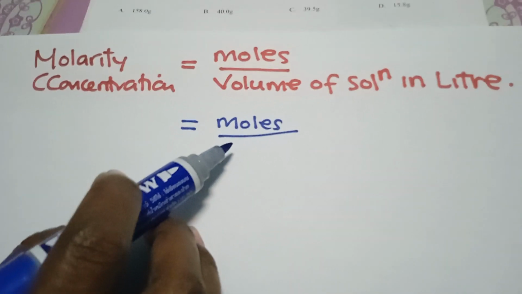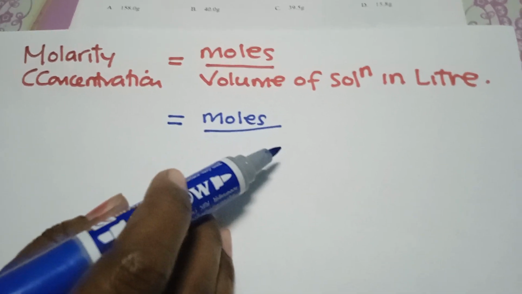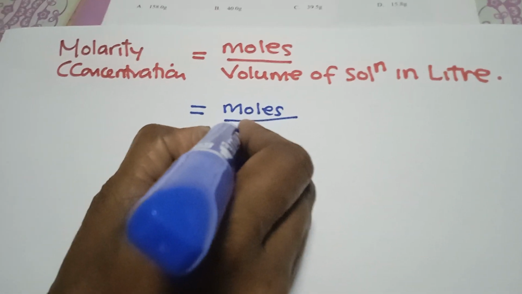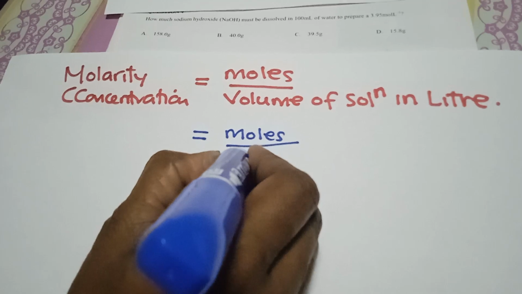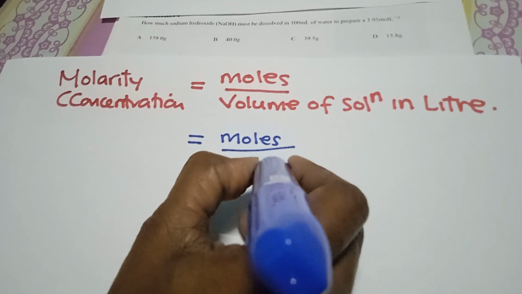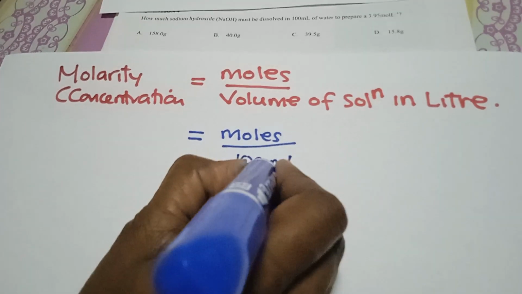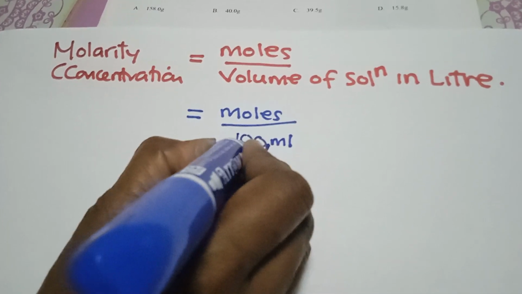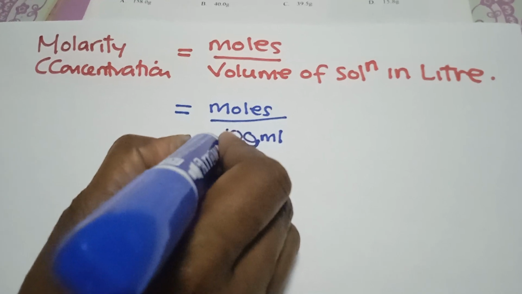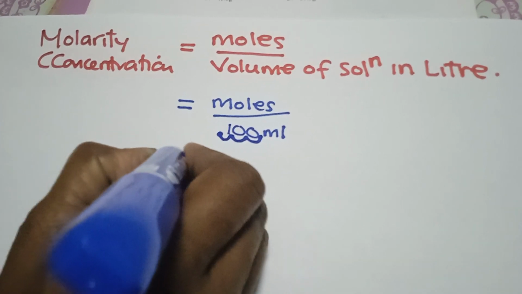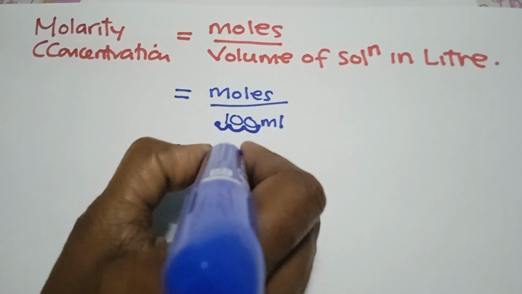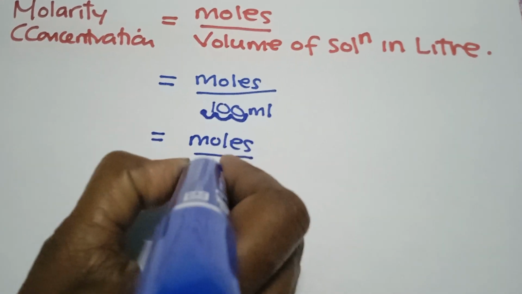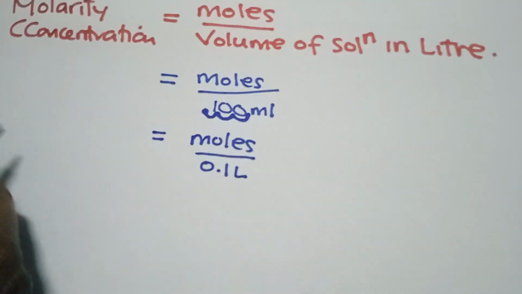So here we will have to convert this 100 milliliters to liters. To convert it, simply move 3 decimal places to the left. So it will be moles divided by 0.1 liters.